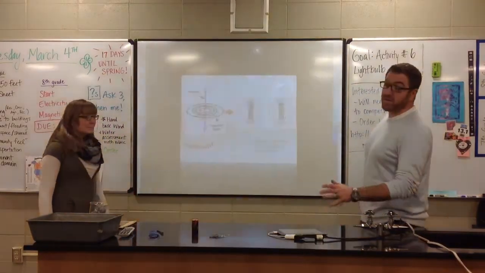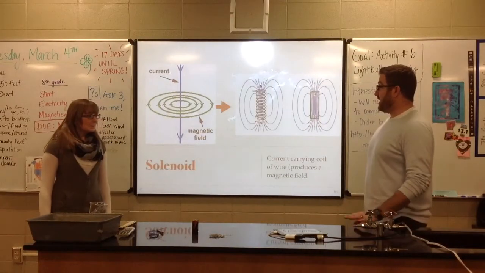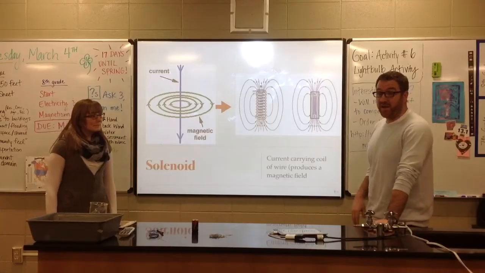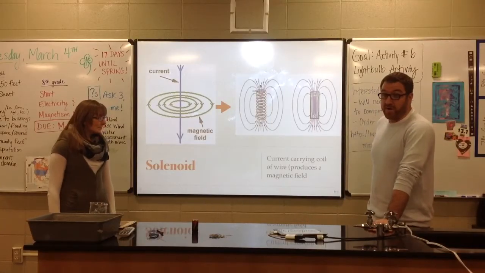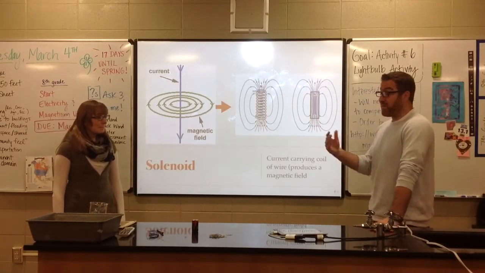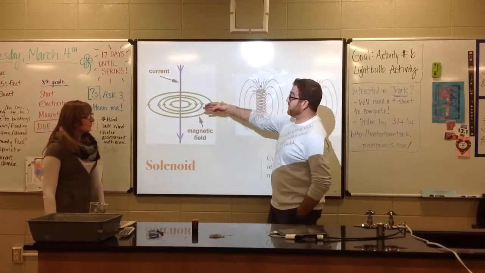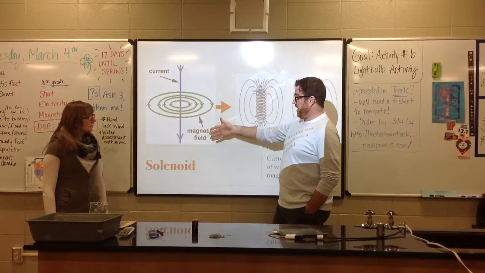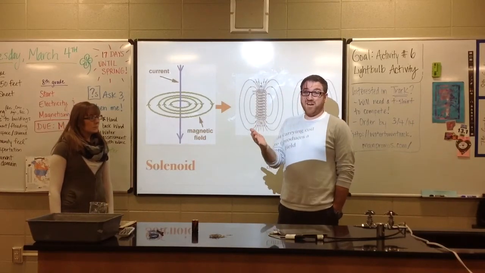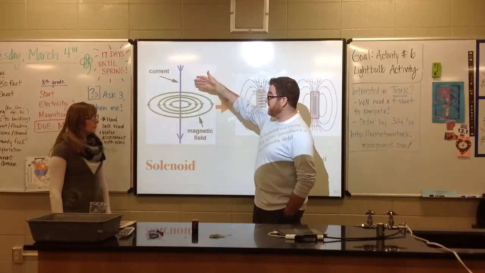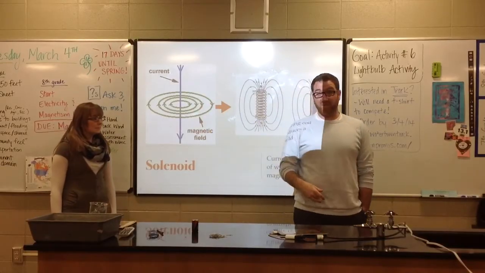All right, so folks, with respect to the solenoid, simply put, it is a current carrying coil of wire. Now, when you have a current running through it, it will generate a magnetic field around it. So here we have not only just a wire, but a wire that's not curled or coiled in any way, shape, or form, and still it will carry a magnetic field.